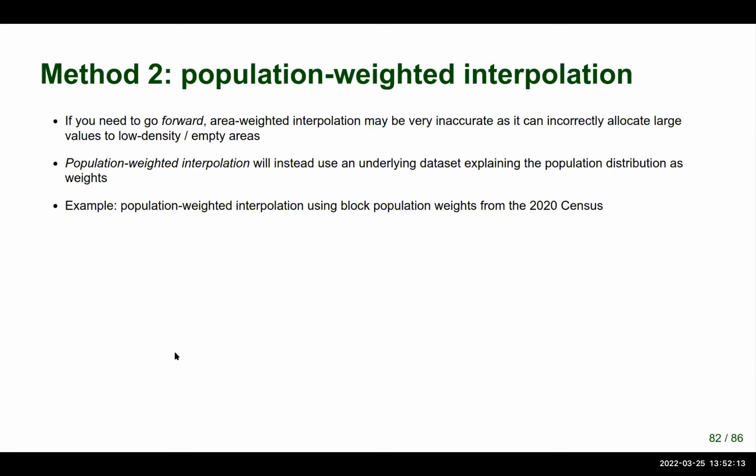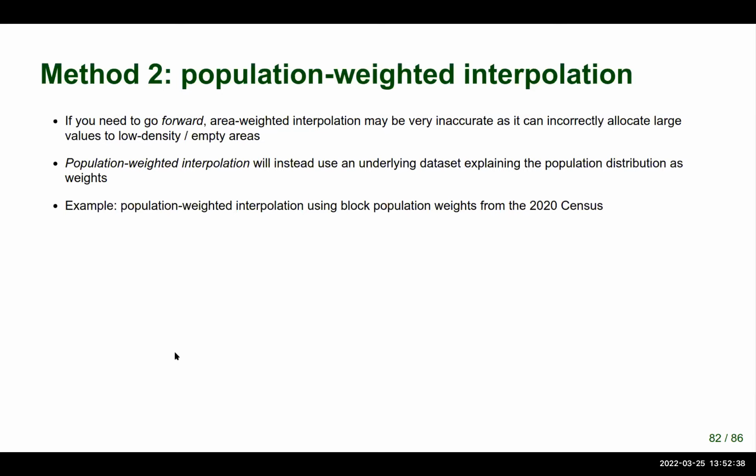So you have more people in the smaller areas, and that just makes sense. I have my densely populated area, which has a lot of people, and then my low density area, which has fewer people. But area-weighted interpolation allocates more people to the larger area when it should be allocating to the smaller area. So this is tricky, especially when you're going forward.